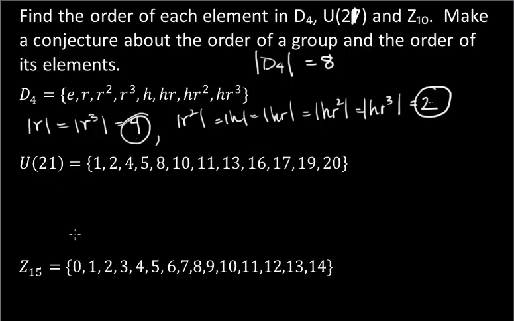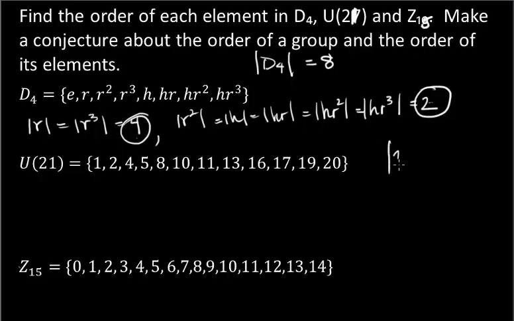Now in U21, I'm going to need a lot more room than I put here. And notice I changed these groups a little bit too. We're looking at Z15, not Z10. But just go along with what I wrote below. Okay, U21. Let's see, U21 has 12 elements in it.